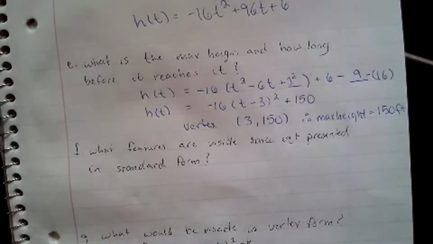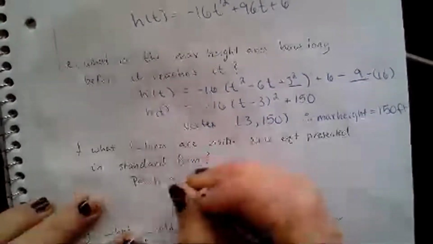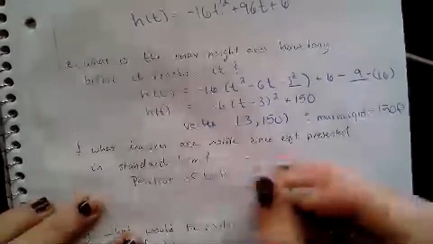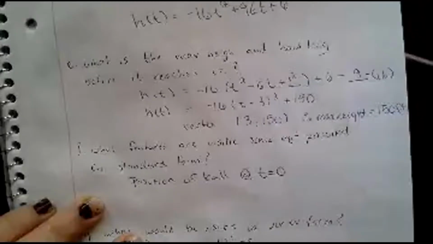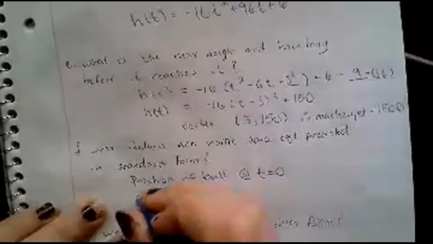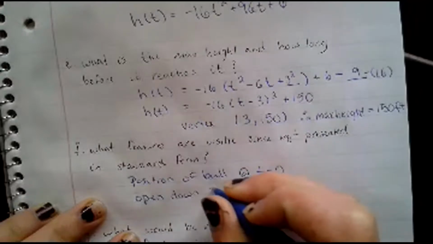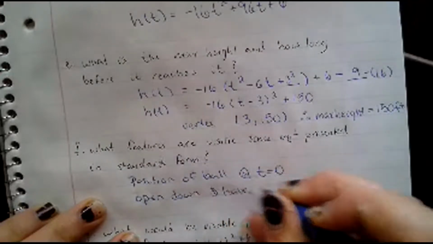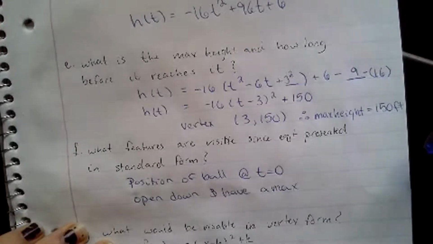We can pretty obviously see the position of the ball at t equals 0. So the initial height was 6. We can see that the graph will open down and have a maximum. Okay. Is anything else super obvious from this?